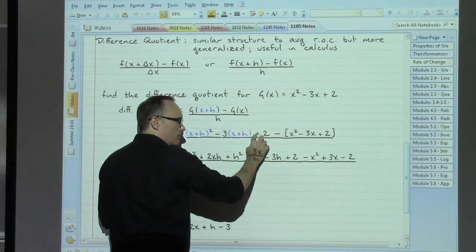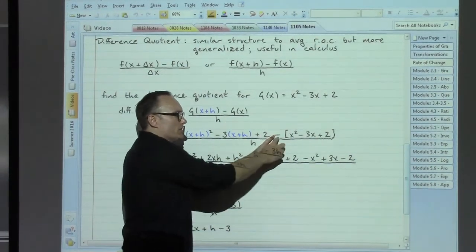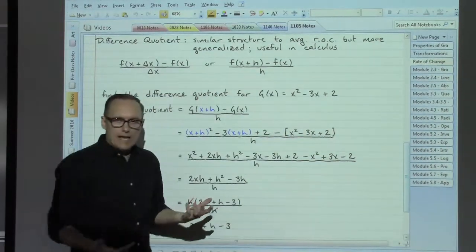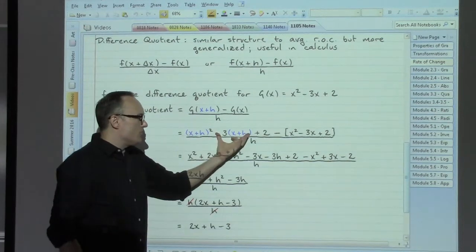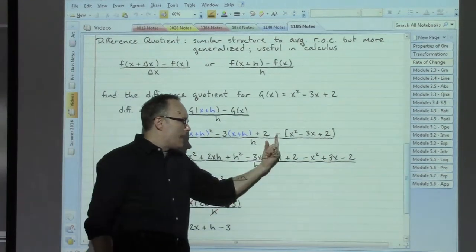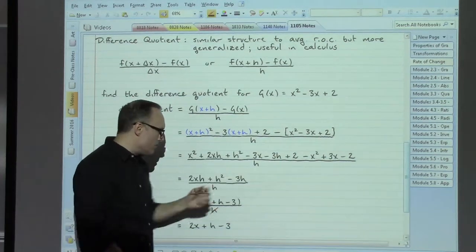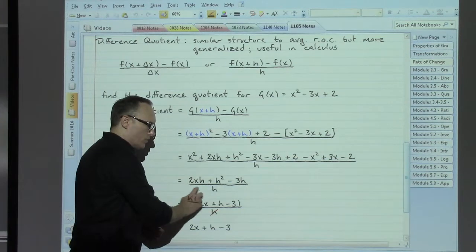Plus 2, minus the original function. We can clean that up. We've got the algebra skills to do that. We can multiply, we can distribute subtraction over here, we can combine like terms, and we can come up with a nicer, shorter numerator.